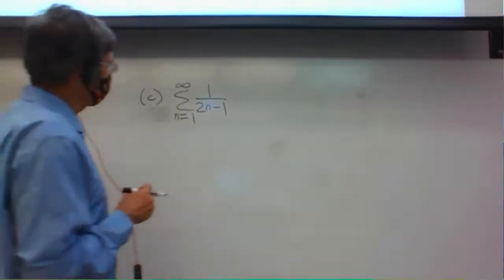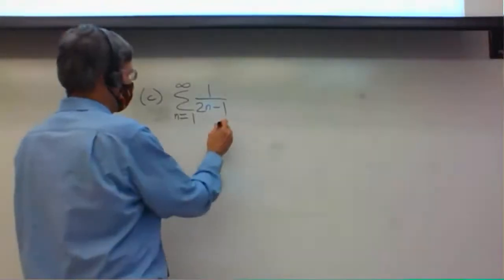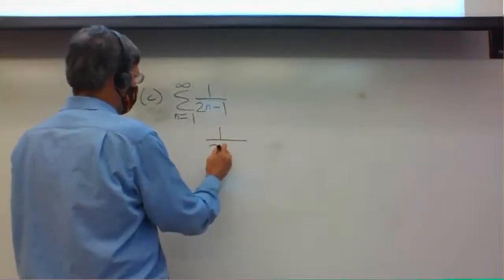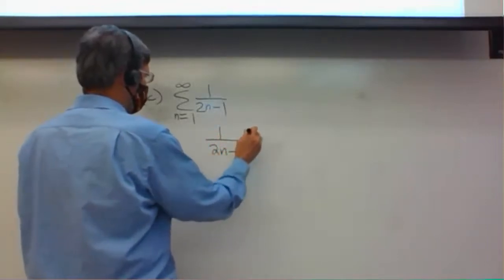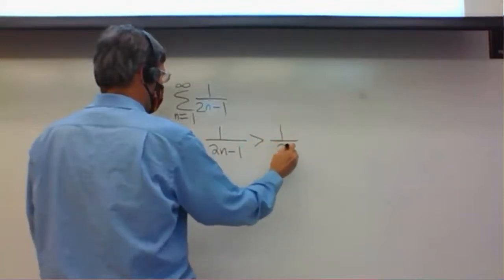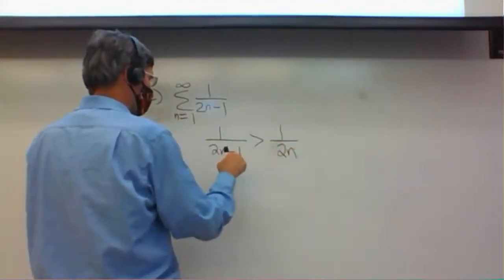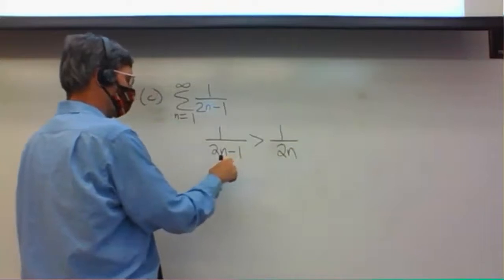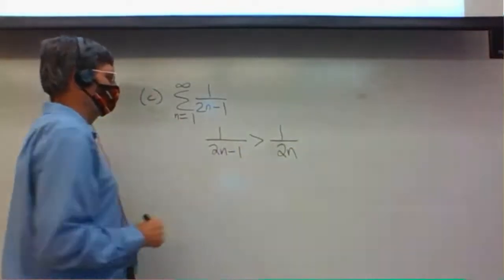Each term, 1 over 2n minus 1, is greater than 1 over 2n, right? Because it's got a smaller denominator. It's a bigger quotient, right?